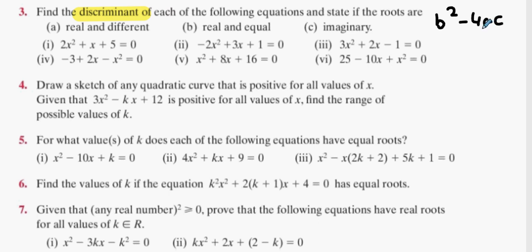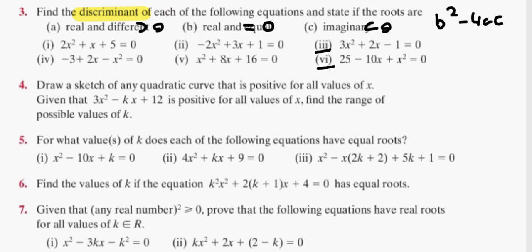Now, if it's real and different, it will be bigger than 0. If it has equal roots, it will be equal to 0, and if it has imaginary roots, it will be less than 0. What I want you guys to do now is I want you to do question 3 and question 6 and tell me what your answers are. Just do b squared minus 4ac or both of them.